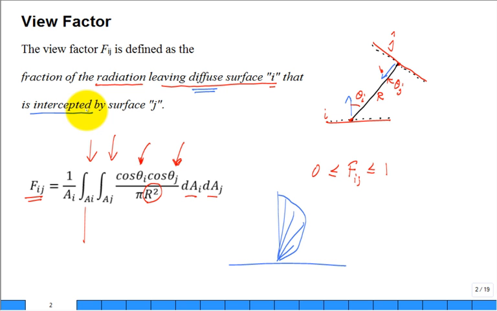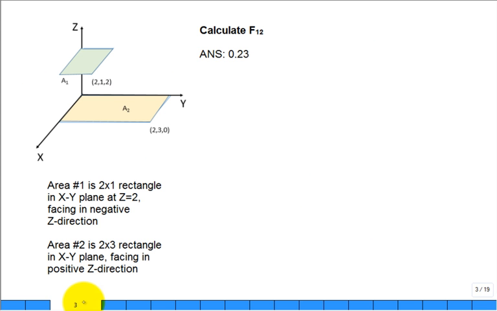You could see that this is set up if you do numerical calculations for something like Monte Carlo ray tracing. Do a lot of that. You could calculate these view factors with Monte Carlo ray tracing, if you like computers.